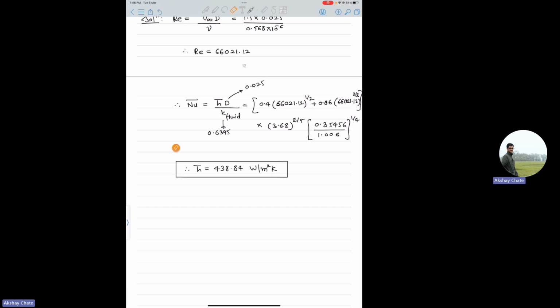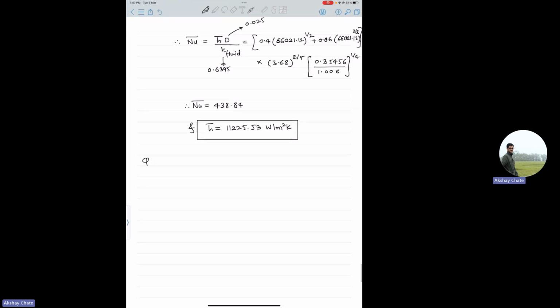Oh, sorry, this is your average Nusselt number, and then your H bar, which is the heat transfer coefficient, is 11225.53 watt per meter squared Kelvin. This will go away because it's a non-dimensionalized number, and this is your answer. You can cross-check these calculations, and you should get this.